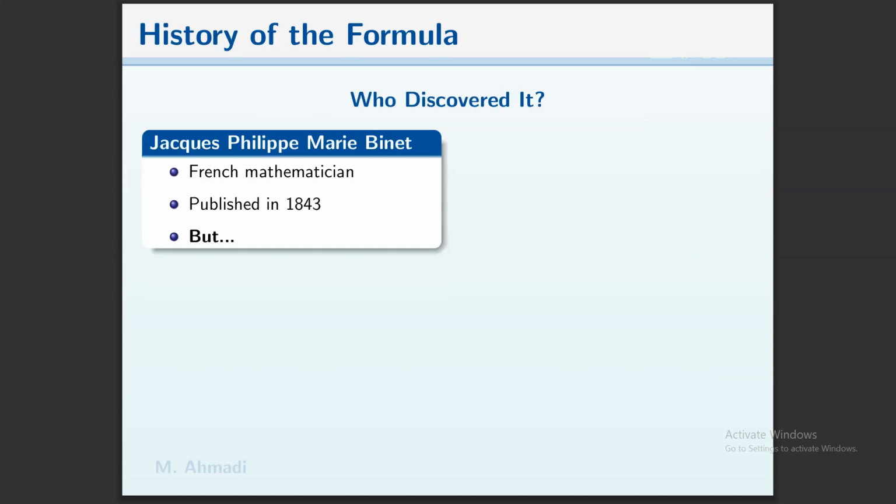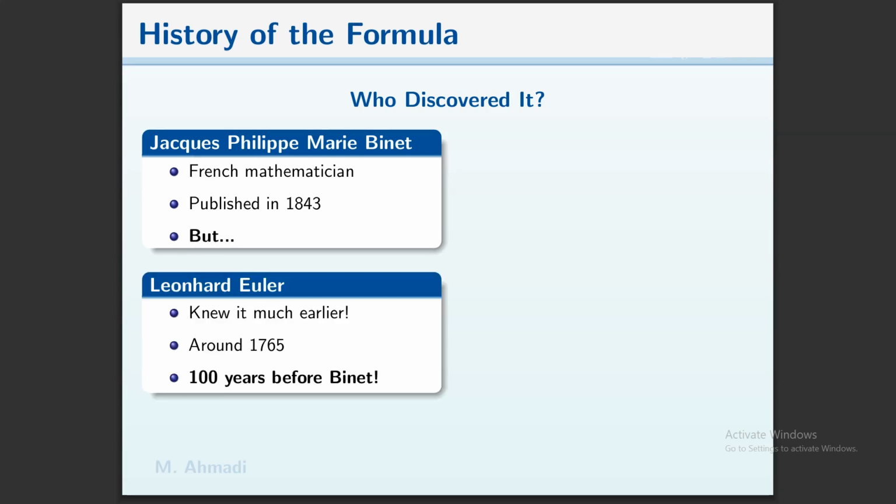Here we also have the history of the formula. Who discovered it? Jacques Philippe Marie Binet, a French mathematician, published it in 1843. And Leonhard Euler also knew this formula earlier, around 1765, about 80 years before Binet.